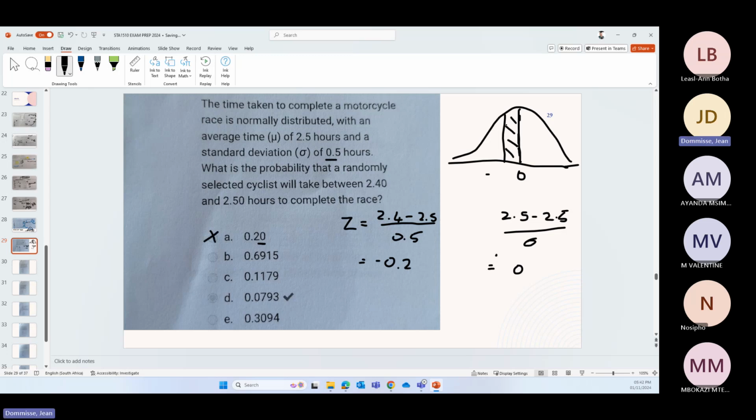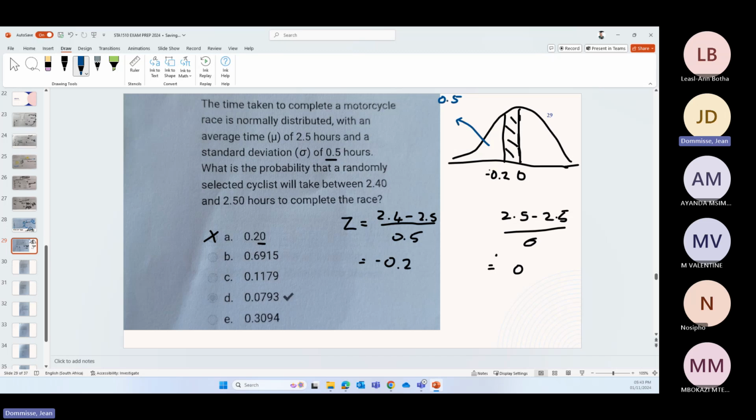So I now want to know what is the area between minus 0.2 and 0. So what I will do is to get this value and then subtract it from 0.5, because we know that this whole area is 0.5.